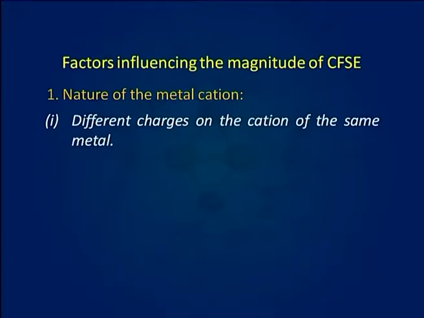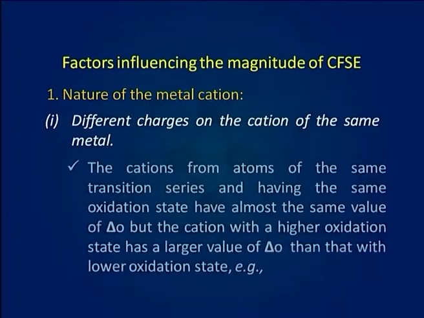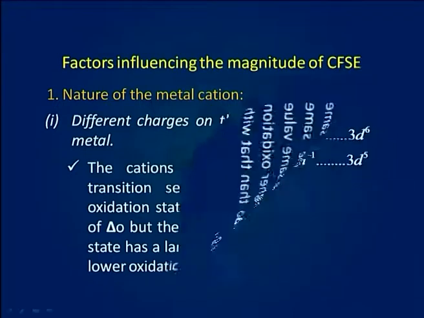If we take different charges on the cation of the same metal, then the cations from atoms of the same transition series and having the same oxidation state have almost the same value of Δo, but the cation with a higher oxidation state has a larger value of Δo than that with lower oxidation state.